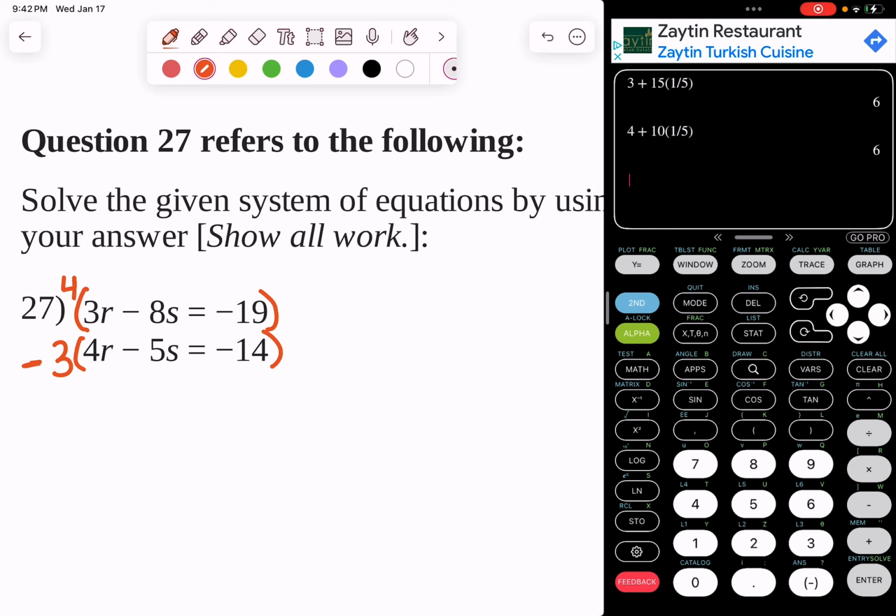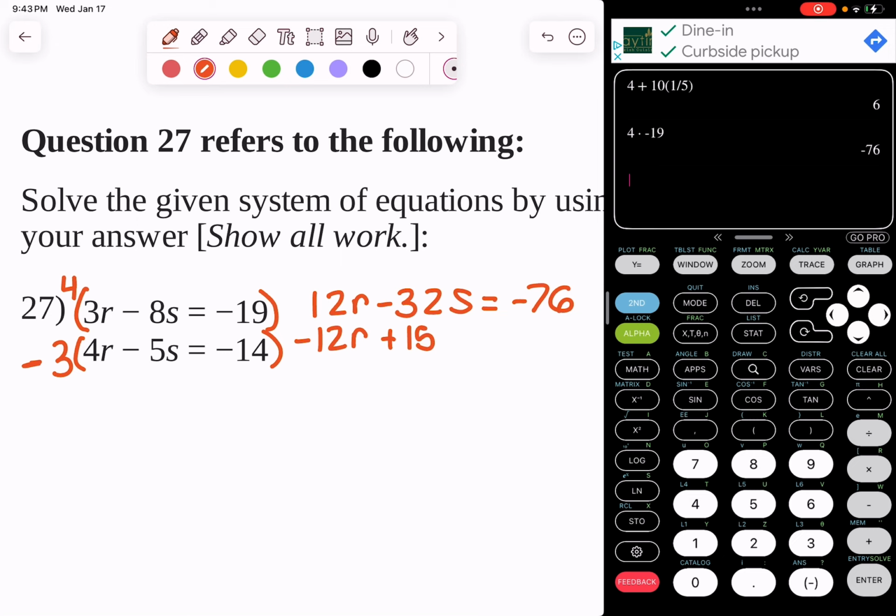4 times 3r is 12r. 4 times negative 8 is negative 32s. And 4 times negative 19 is negative 76. Then negative 3 times 4r is negative 12r. Negative 3 times negative 5 is positive 15s. And negative 3 times negative 14 is 42.